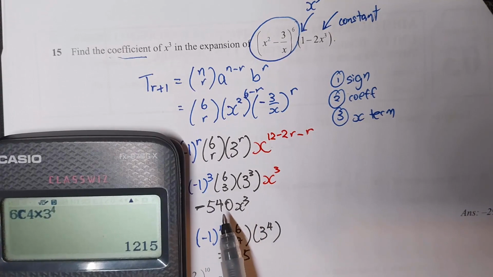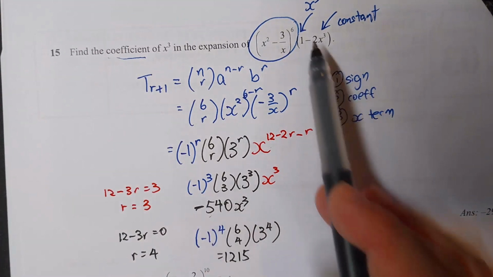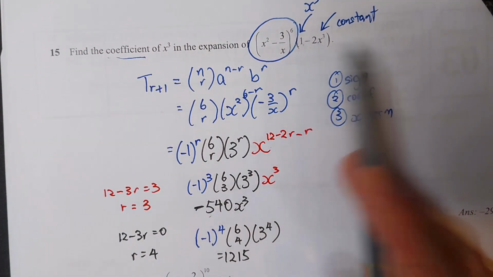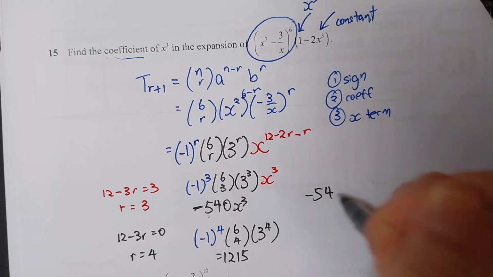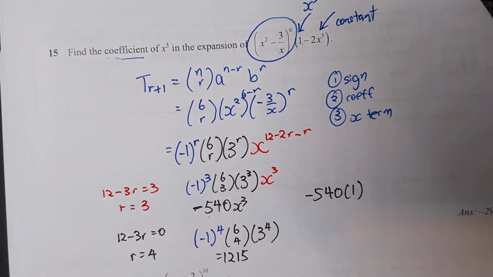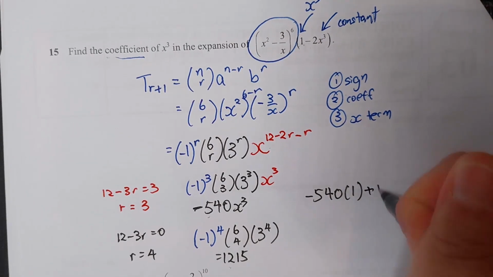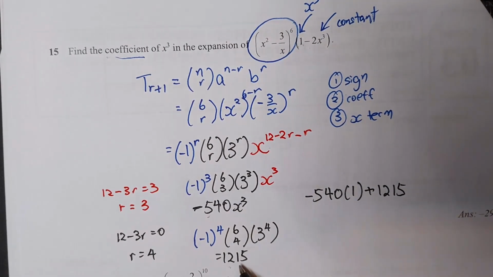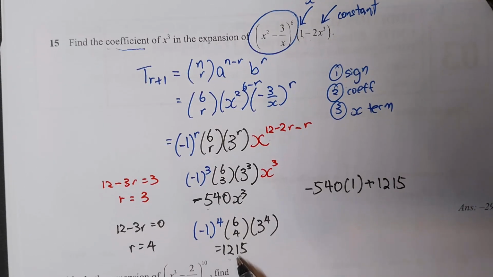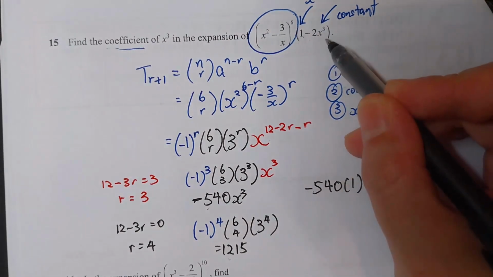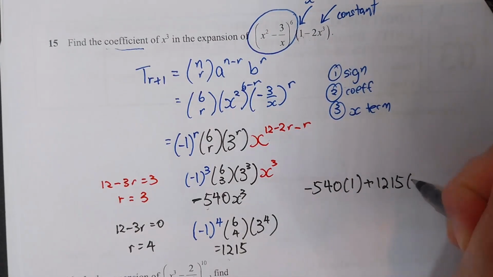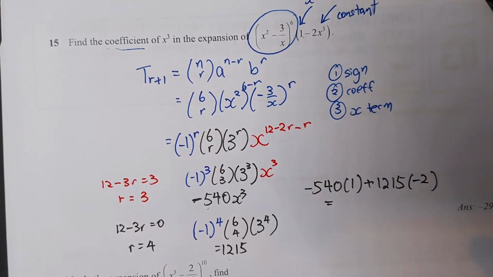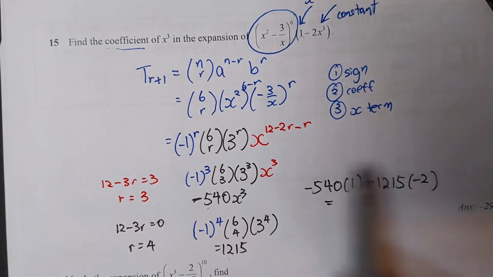So we have minus 540 times this to get the x cubed term. We have 1215. This is the term that's independent of x, the constant term. We multiply by the x cubed term here. That whole coefficient will be the x cubed coefficient.